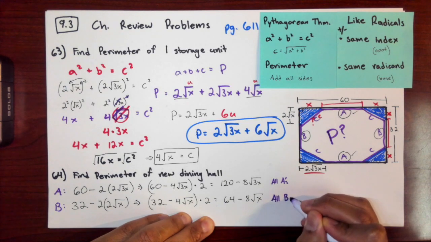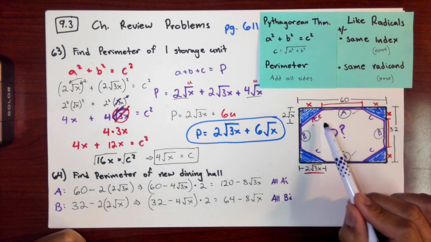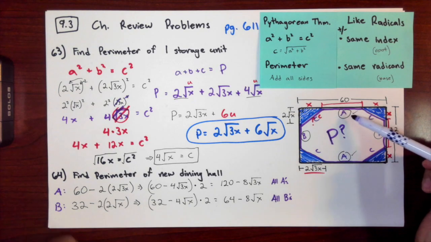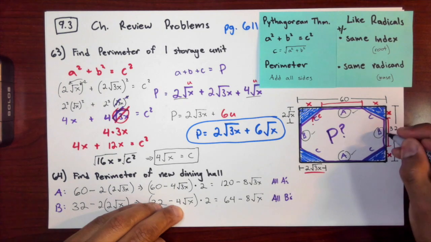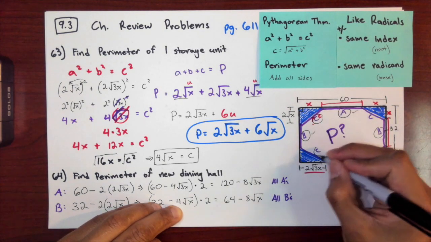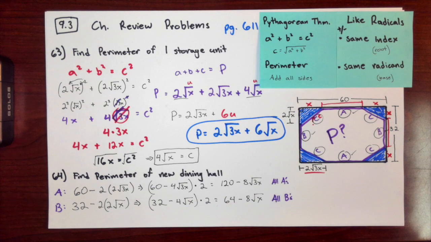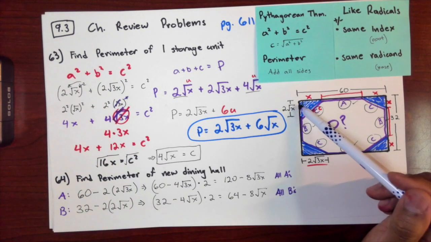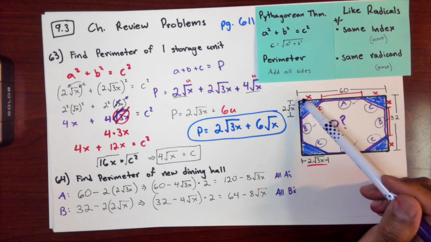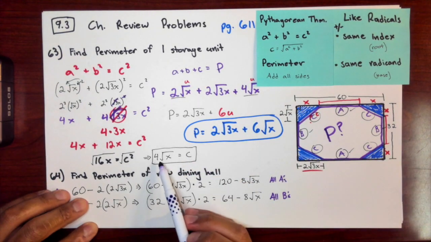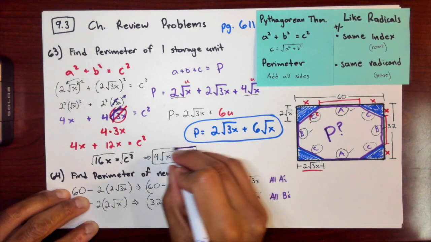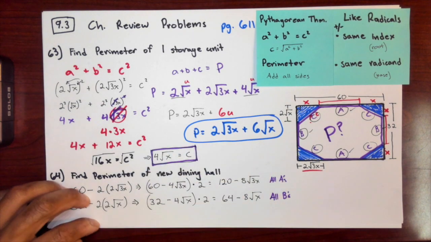All the b values. Okay, now we're just missing the c values. Now, we found that there are 2 a values, there are 2 b values, but how many c values do we have? We have 1, 2, 3, 4. Okay? How do we find the c values? We found the c value in the previous problem right here. We used the Pythagorean theorem, right, to find that this squared plus this squared is going to equal c squared. When you take the square root, you can find that c equals 4 square root of x.